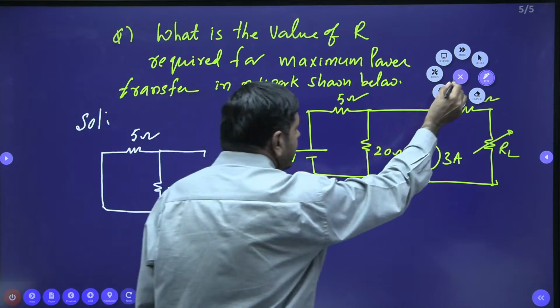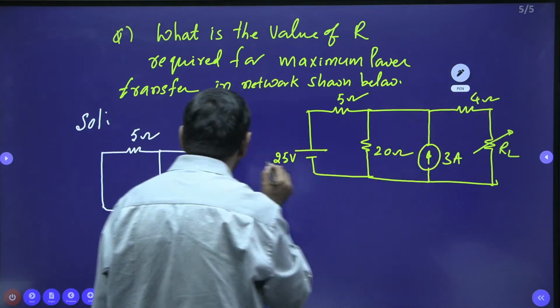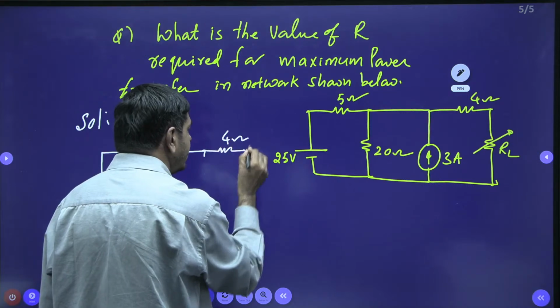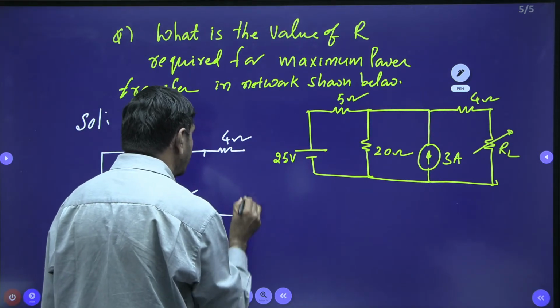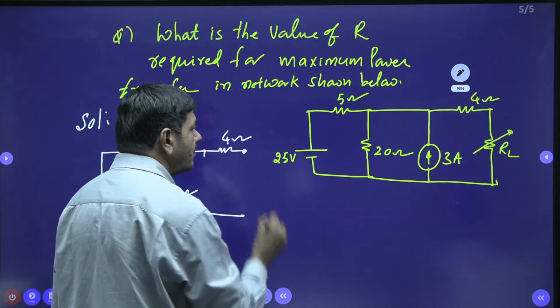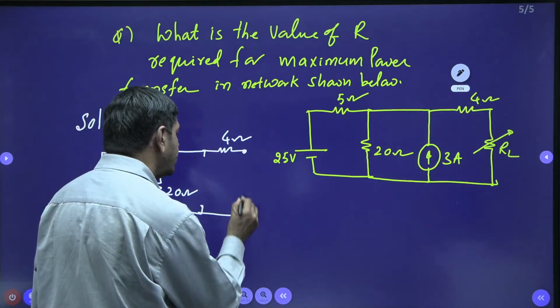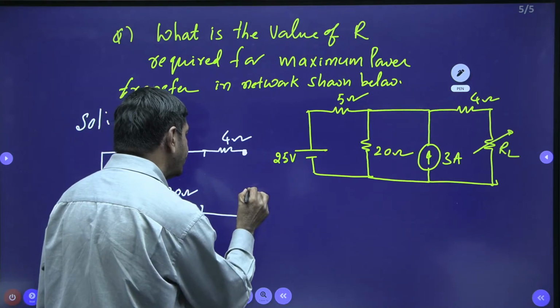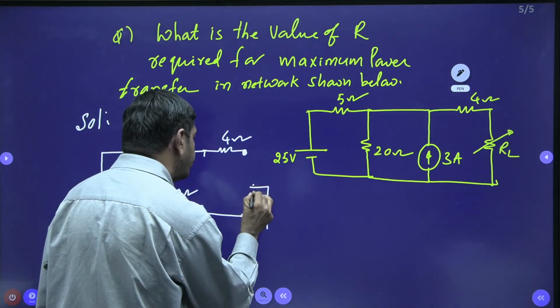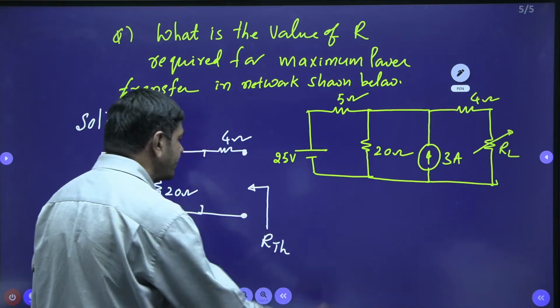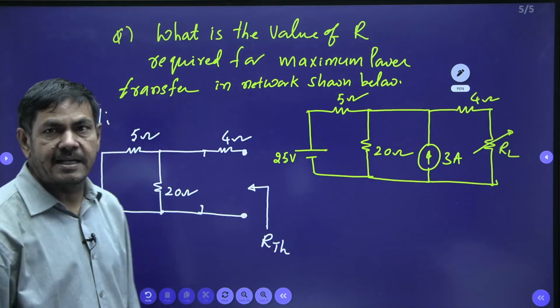And there is one 4 ohm resistor this side. Wherever the load is connected, that must be open circuited here. When the load is removed, between these two terminals, what resistance you can get is more important. That can be taken as the RTH value.